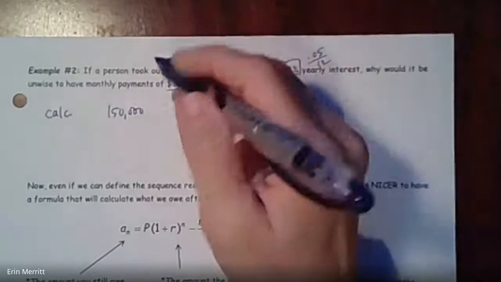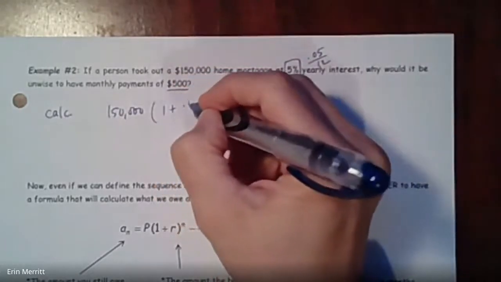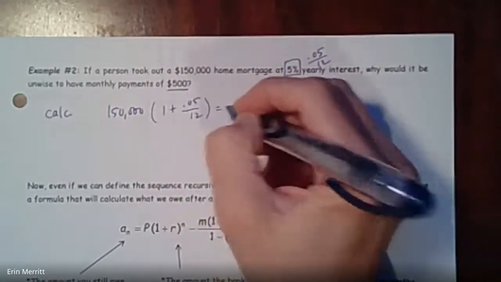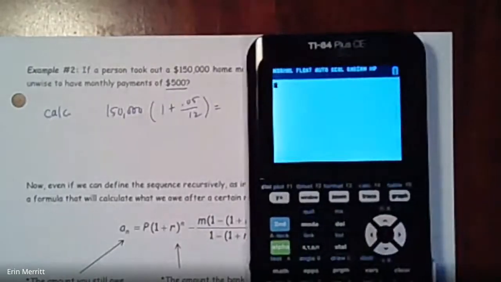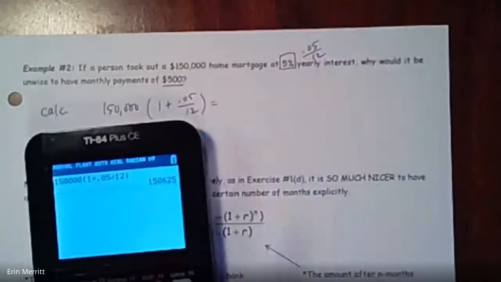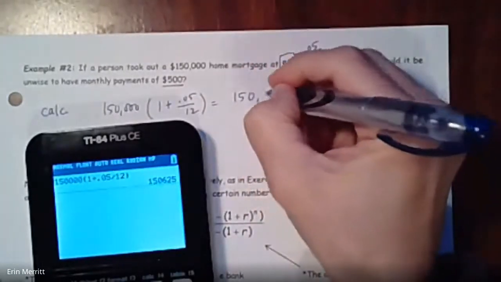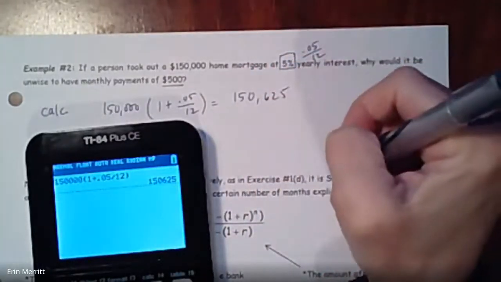So if we do 1 plus 0.05 over 12, let's just calculate how much it would be before you even made a payment. So 150,000 times 1 plus 0.05 over 12. That would bring you up to 150,625 once they charge you the interest.